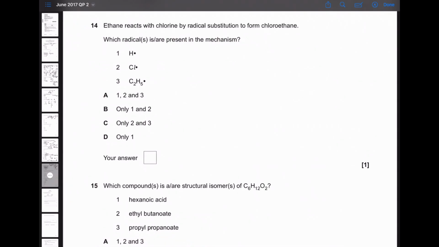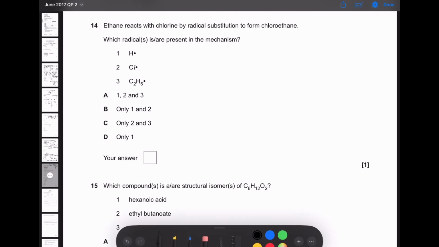Ethane reacts with chlorine by radical substitution to form chloroethane. Which radicals is or are present in the mechanism? So let's just draw out our mechanism really quickly. We've got initiation, that's when our no radicals, so chlorine, go to two radicals.